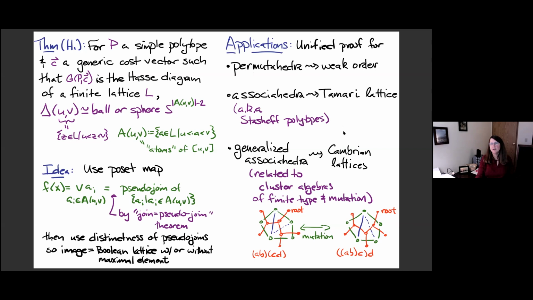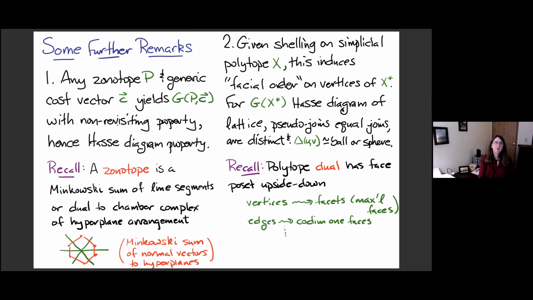So it gives a unified proof for all of these that every interval of the poset has order complex homotopy equivalent to a ball or a sphere. And I'm almost out of time, but I will say that zonotopes, which people already know a lot about, are really well behaved in this story.